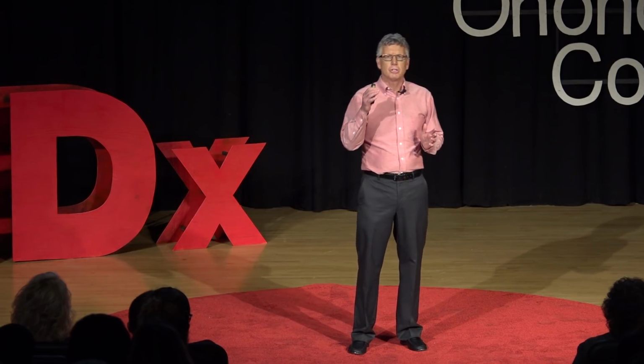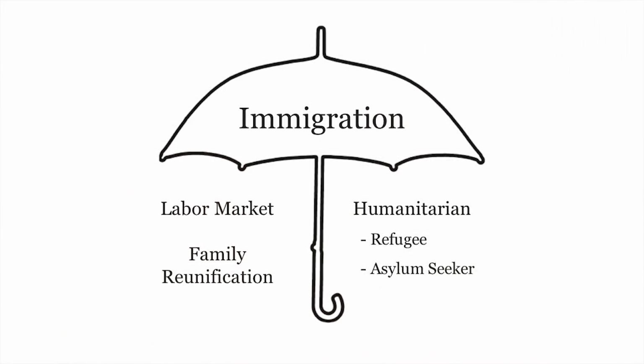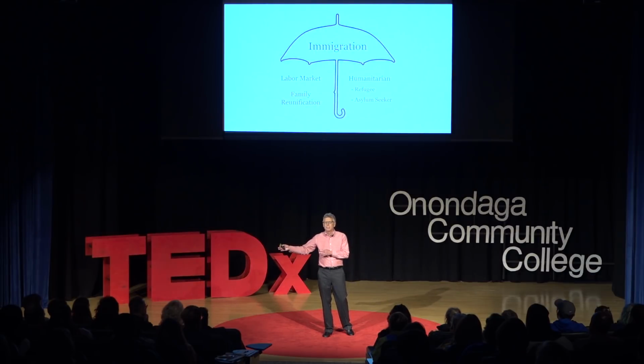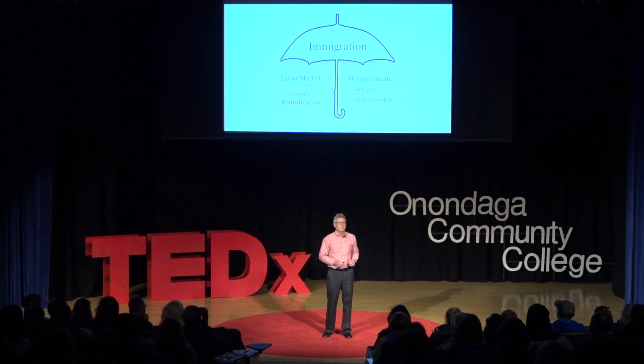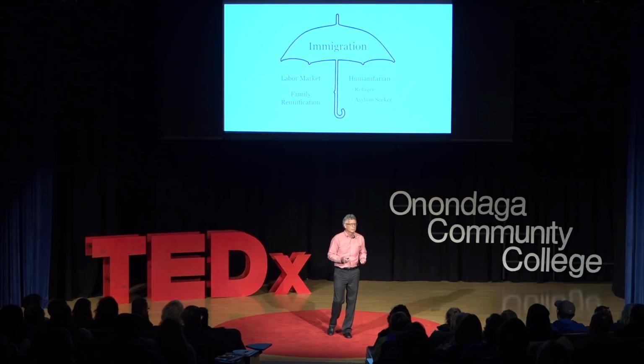The only difference, as you see here on the slide, between refugee and asylum seekers is where they are when they apply to come into the United States. If they come to the United States, they're here and they apply, they're seeking asylum. If they're outside the United States, applying to come into the United States, they're refugees.